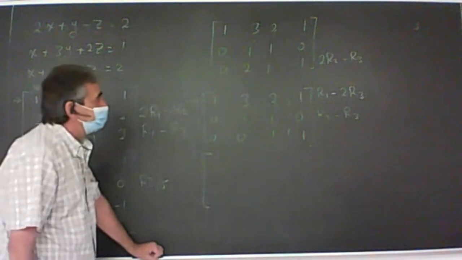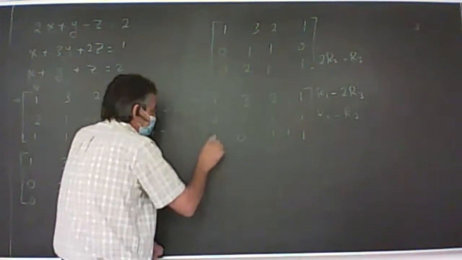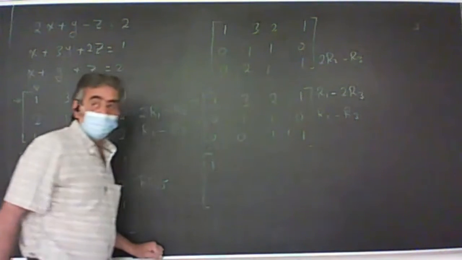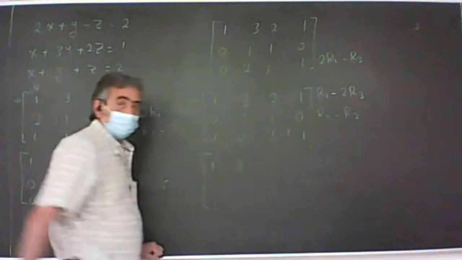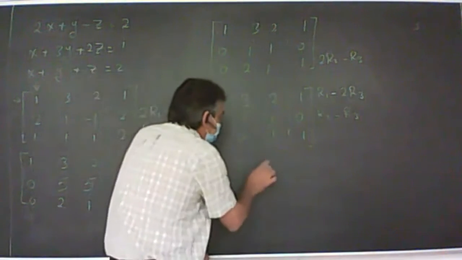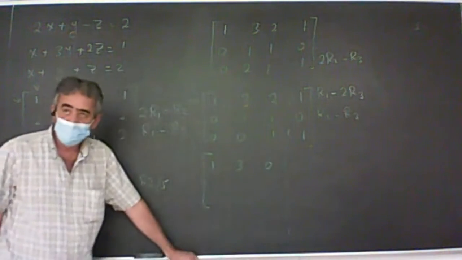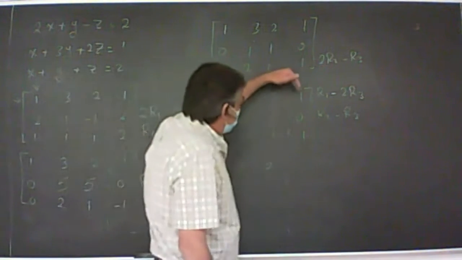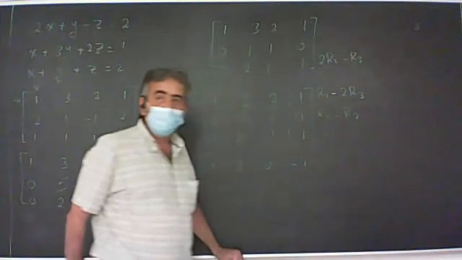Let's see what this step gives me. R1 minus 2 of this. 1 minus 0 is 1. 3 minus 0 is 3. 2 minus 2 is 0. And then what do I have? 1 minus 2 is negative 1.